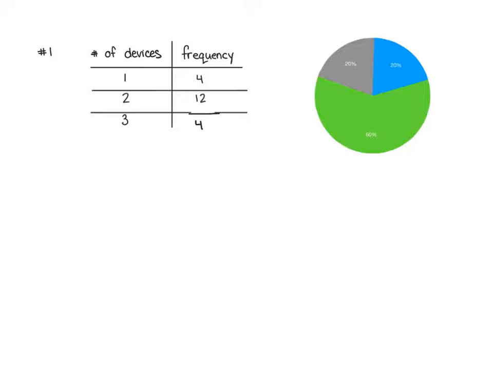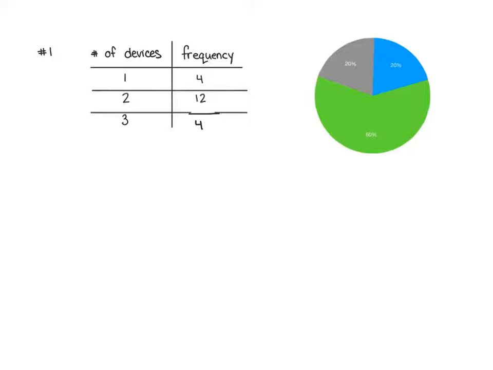So for question 1, you're going to be given a frequency table and a circle graph. Now I have changed what the data is about. I have completely different numbers, but I'm going to walk through what the questions would be like with these numbers.